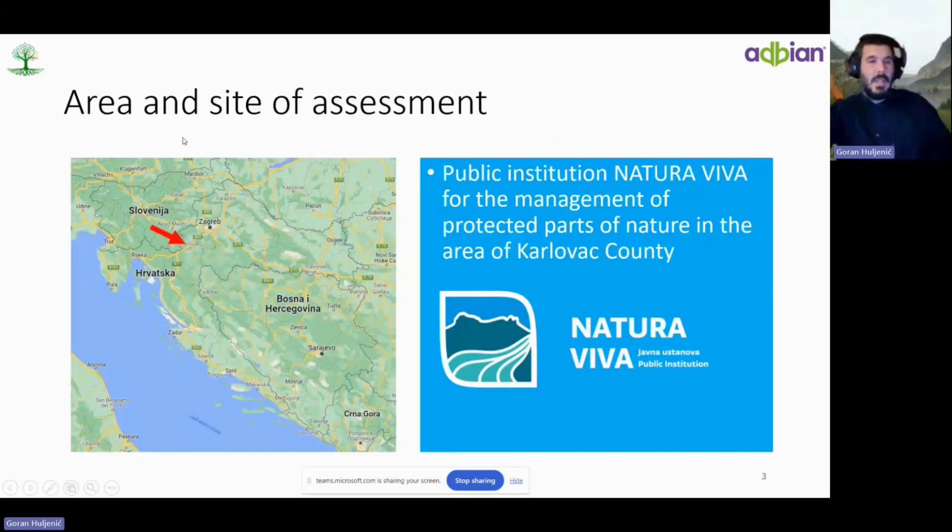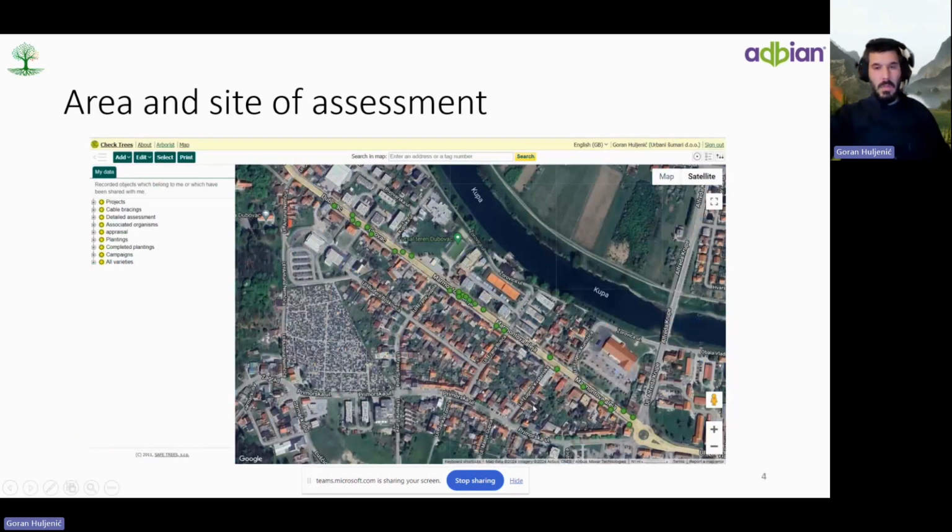So one case study is from the city of Karlovac, where the public institution Natura Viva for management of protected parts of nature made a public tender, inviting companies who can do the assessment of their trees. Just to give you an overview of where this assessment happened: it happened on this protected tree avenue, which is called Marmontova Alea.